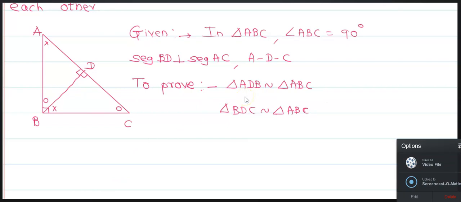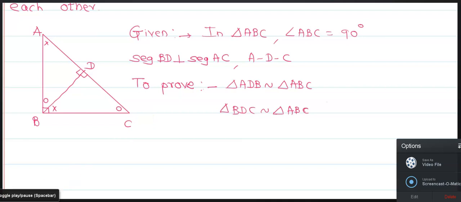Always take care in what sequence we take the triangles. I had taken the sequence ADB, with the cross, 90 and the circle, then ABC, with the cross, B is 90 and the circle. Also BDC, with the cross, 90 and the circle, and ABC.